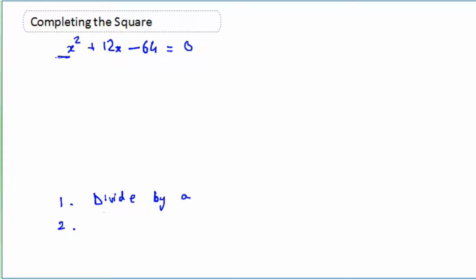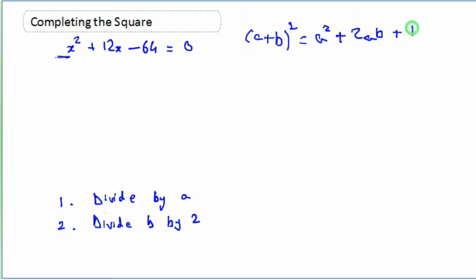The second step was to divide b by 2. Since you remember that a plus b whole squared is equal to a squared plus 2ab plus b squared, the middle term is being multiplied by 2.